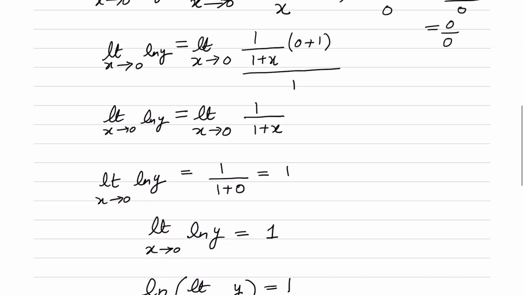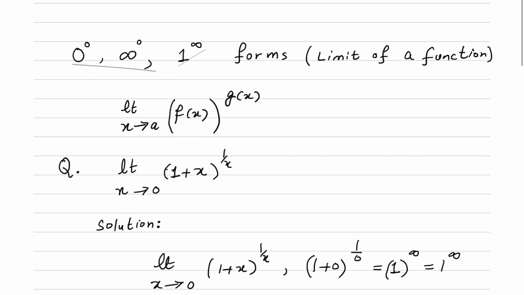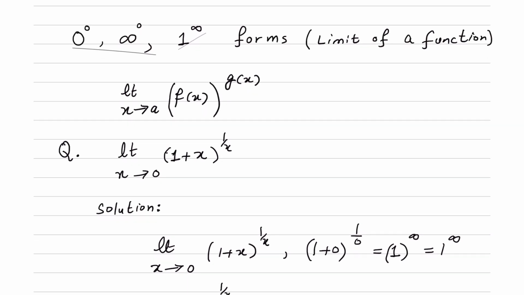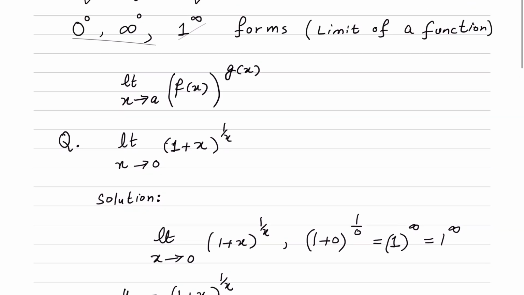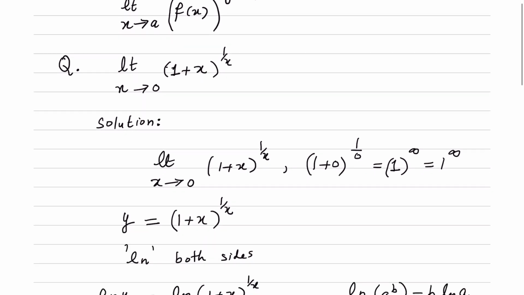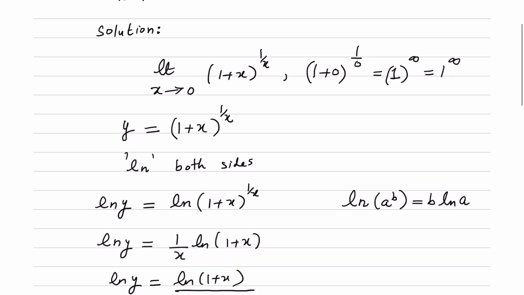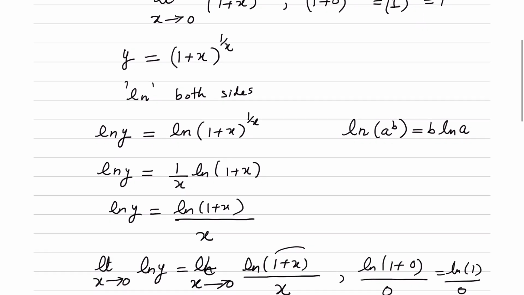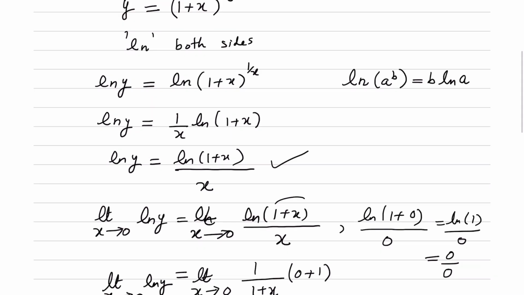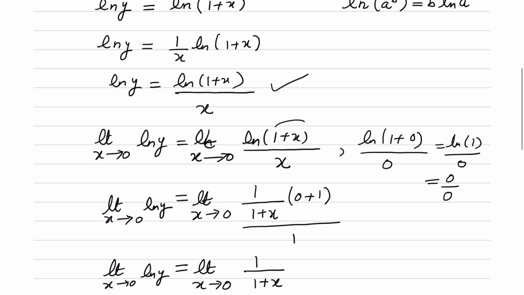So just know that whenever in a limit question of this type, by directly applying the limit you get either of these forms, 0 to power 0, infinity to power 0, or 1 to power infinity, this is how you will start. You will call the expression y first, take ln on both sides, apply the log property so the power comes to the side, write it in a simplified form, and then apply the limit on both sides.